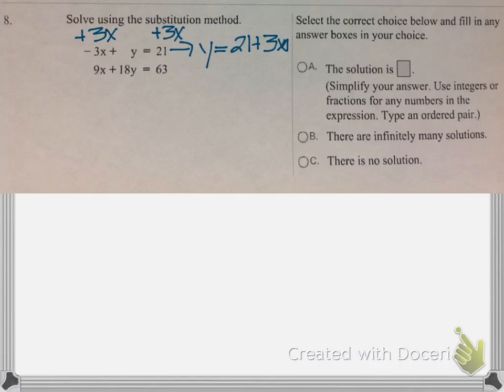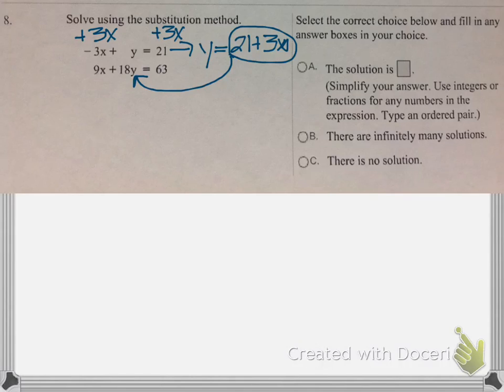So now that I have an isolated variable and it's 21 plus 3x, wherever I see a y in my other equation, I can plug that in. You have to make sure that you plug into the other equation. Don't plug it back into itself. I know that sounds funny, but it's a very common mistake.